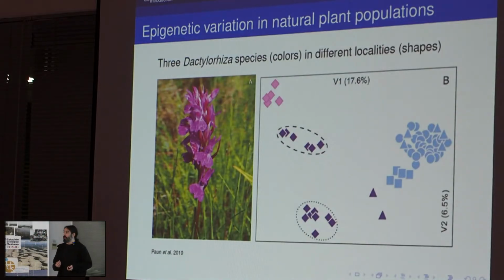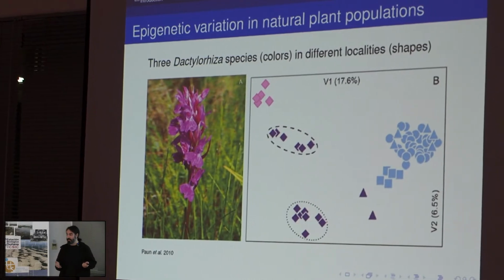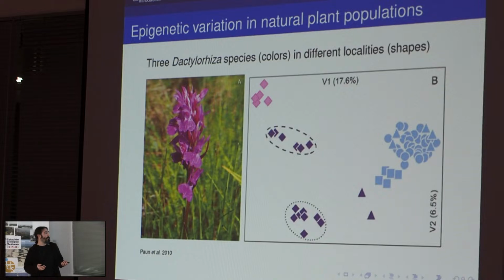Since DNA methylation is dependent on the DNA sequence, you need literally a cytosine in a methylation context to have it or not. Sometimes we can try to detect if there is epigenetic population structure in natural populations. For example, in 3 species of the Dactylorhiza orchid, there were different localities shown with different shapes, and the species are the different colors.